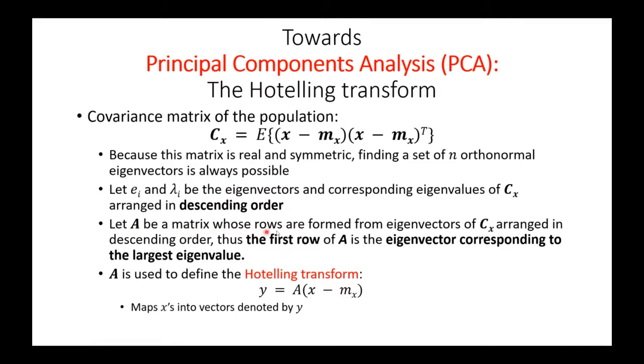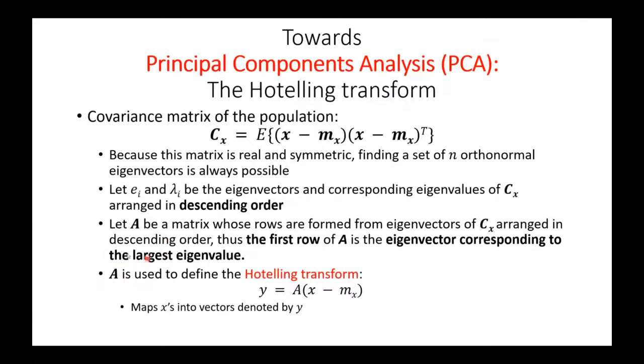Let A be a matrix whose rows are formed by the eigenvectors of the covariance matrix of this whole population of pixels, arranged in descending order. Thus, the first row of A is the eigenvector corresponding to the largest eigenvalue, the second row is the eigenvector corresponding to the second largest eigenvalue, and so on and so forth.